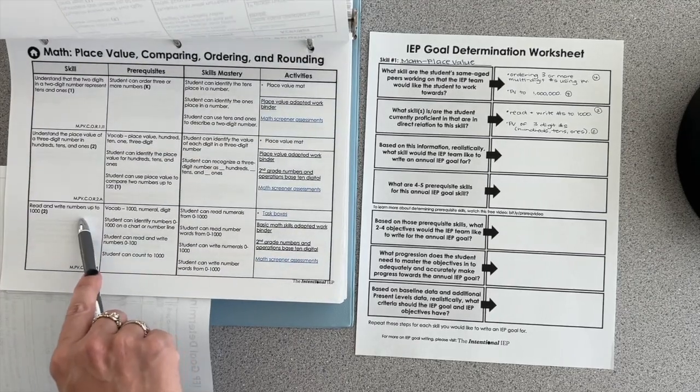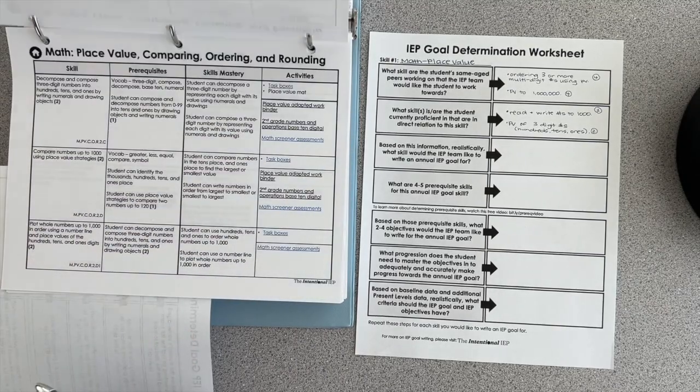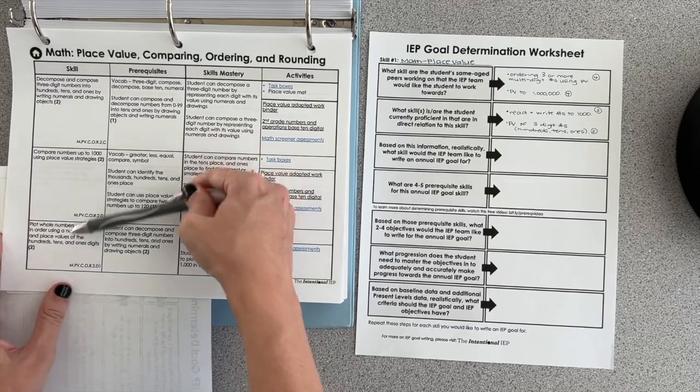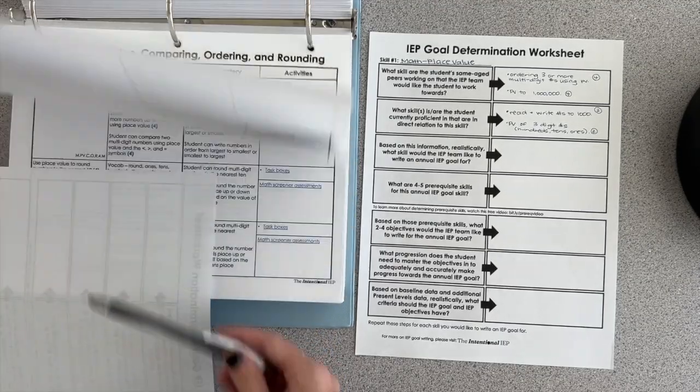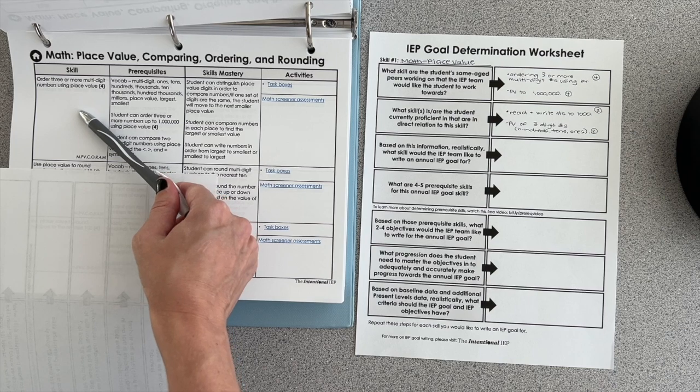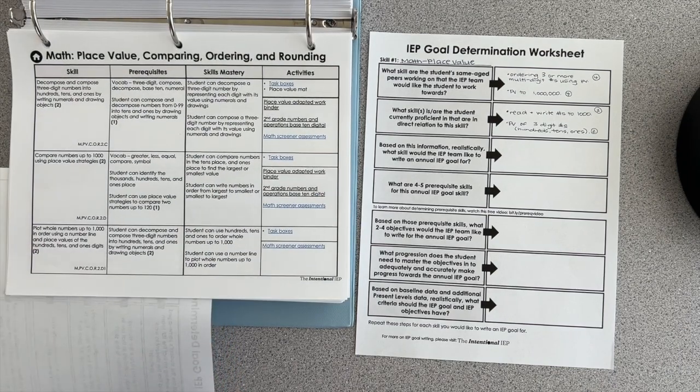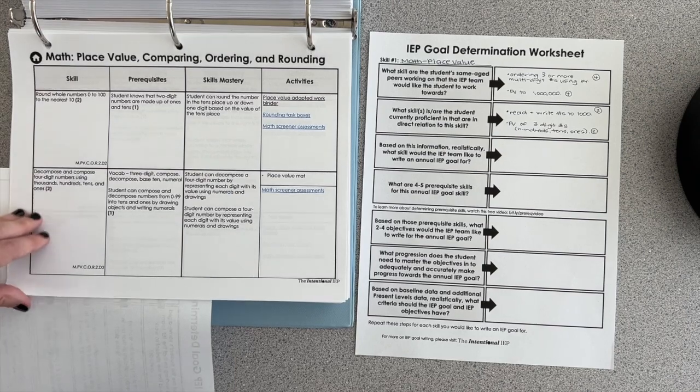For this skill. If I move forward, these are the next level skills that this student has to master in order to get to mastery of the skill where her peers are. Does that make sense?